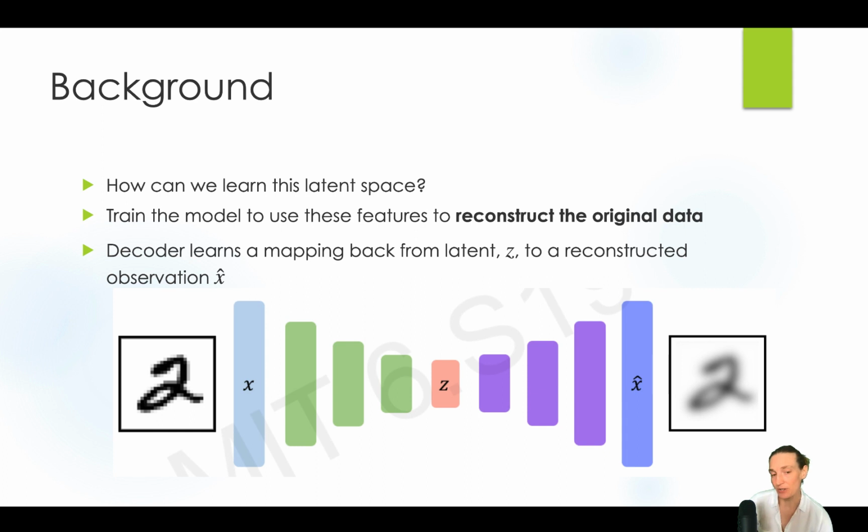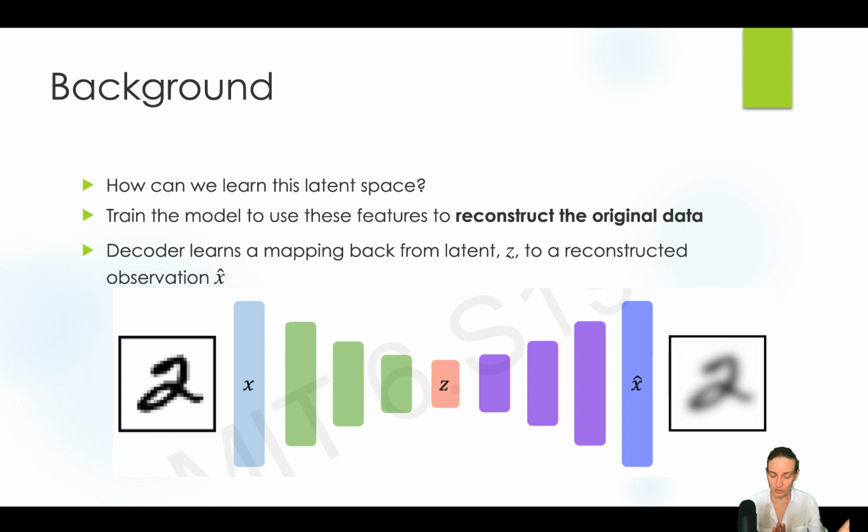So how do we train this model? We don't have labels. That's fine. I mean, we don't have labels that say there's a curl, or this is a house, or this is a letter A. We don't know anything. We only have a set of images. So we're going to train a model with the task to reconstruct the original data. That's easy, because the input image is exactly the same as the output image here.